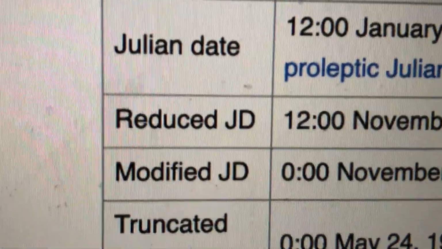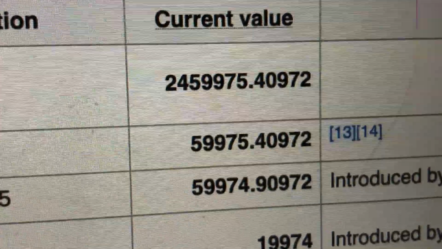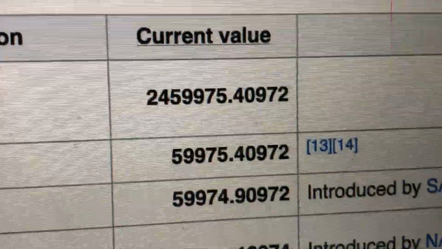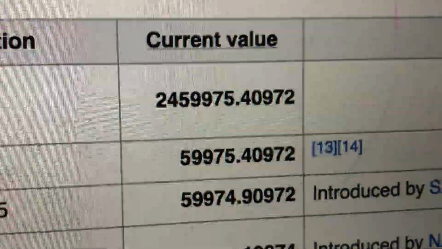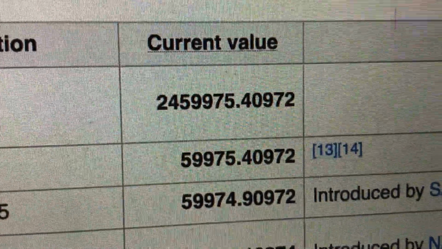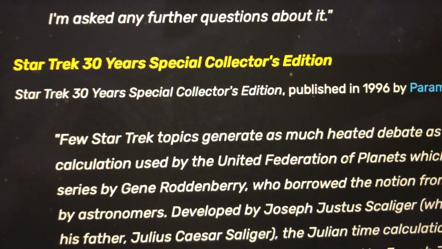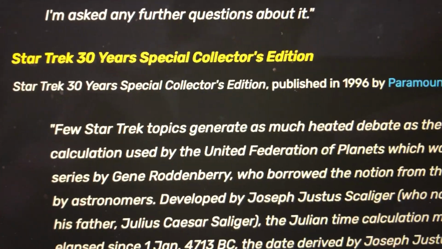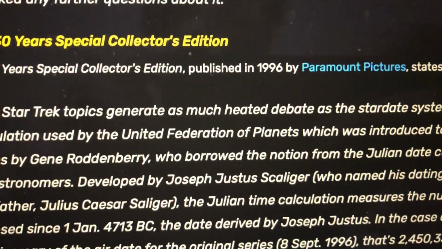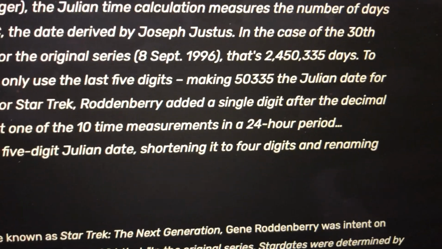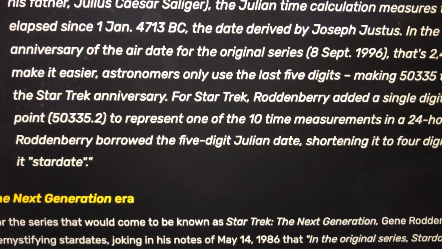But the reduced Julian date is the exact same number with the 2 and the 4 cut off the beginning of it to turn it from a 7-digit date into a 5-digit date. And according to Star Trek 30 Years Special Collector's Edition, published in 1996 by Paramount Pictures, Roddenberry borrowed the 5-digit Julian date, shortening it to 4 digits and renaming it Stardate.